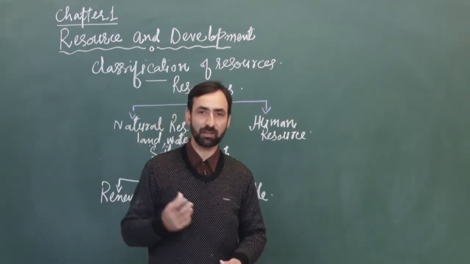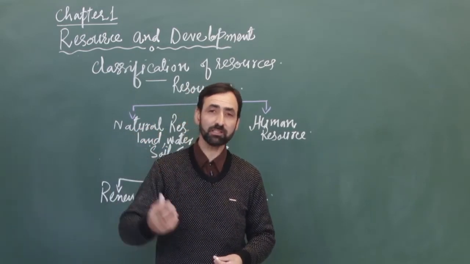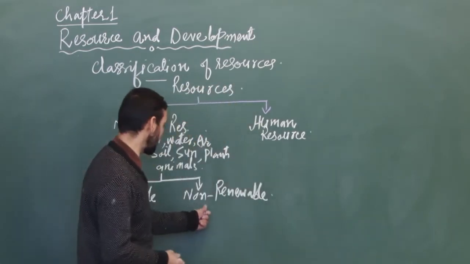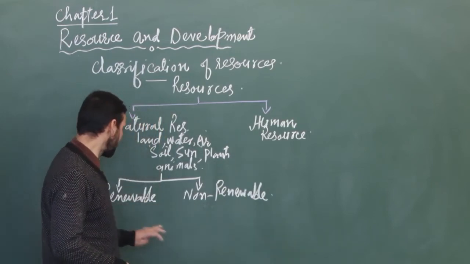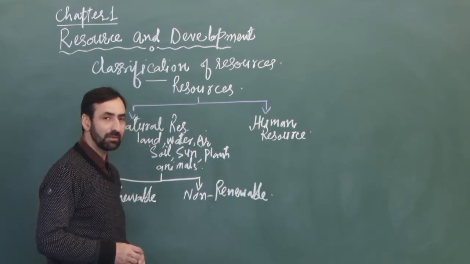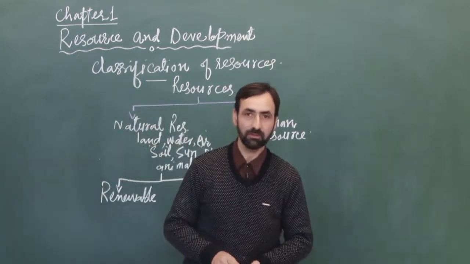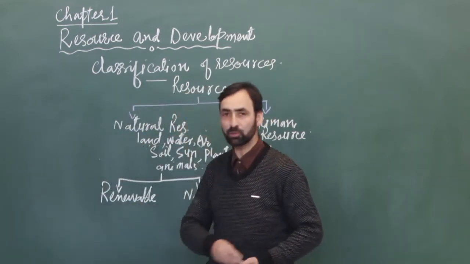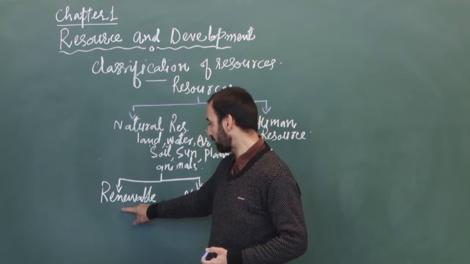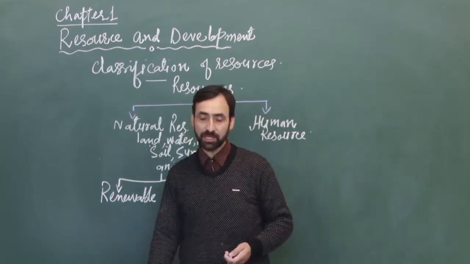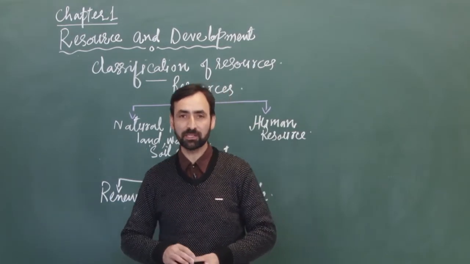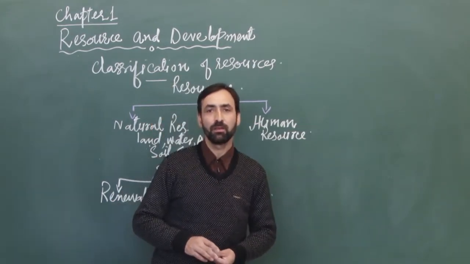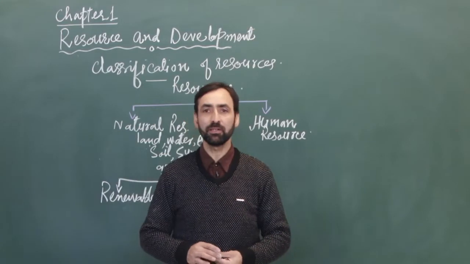They take millions of years to regenerate. In this way, these are some differences between renewable and non-renewable resources. Once again, renewable resources are also referred to as inexhaustible resources. These are such resources which can be recycled, regenerated, reused, and reproduced.